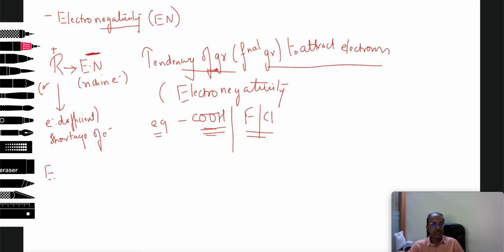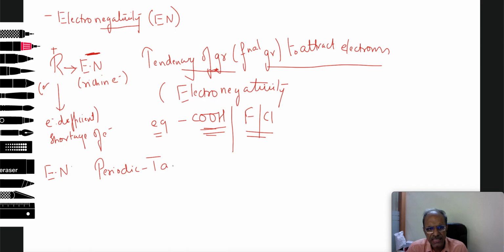Electronegativity has to be measured. Means how will I come to know which element or which group is more electronegative? Now, as in class 9th and class 10th, we have read about the periodic table.